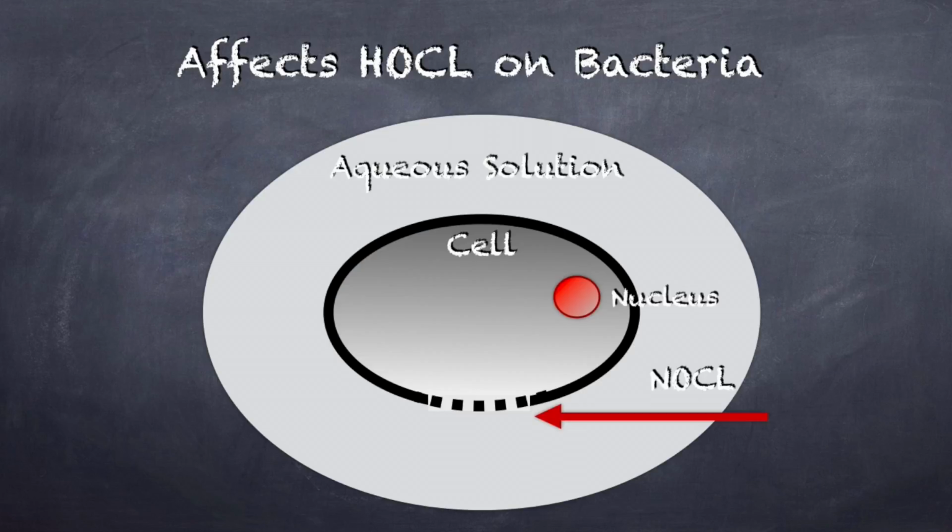Rather than trying to dissolve it where it can, the hypochlorite doesn't always kill the bacteria, and it allows for certain types of bacteria to create resistant strains. One of them we know is MRSA. That's methicillin-resistant Staphylococcus aureus.